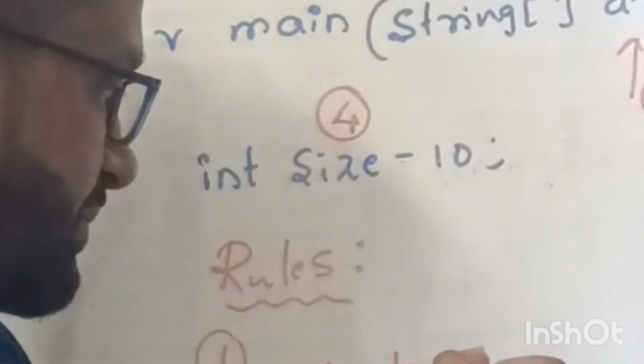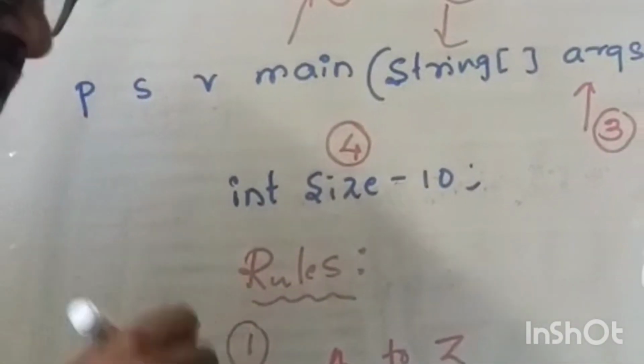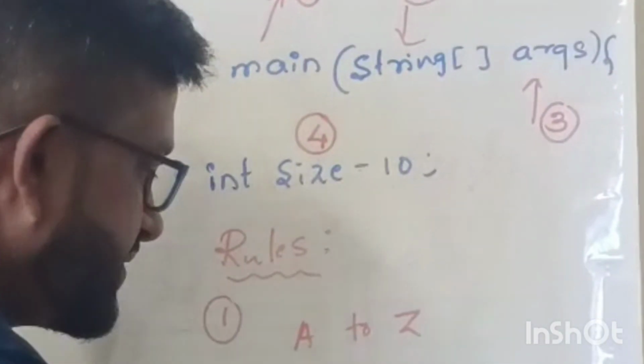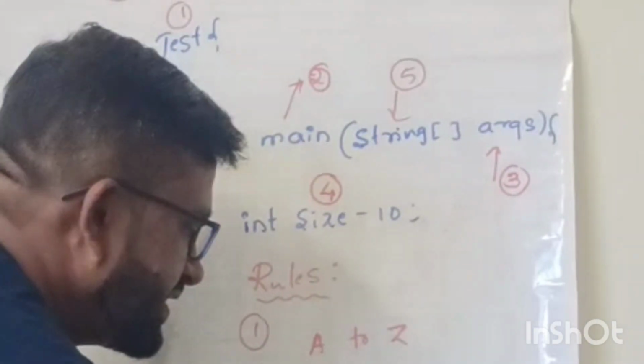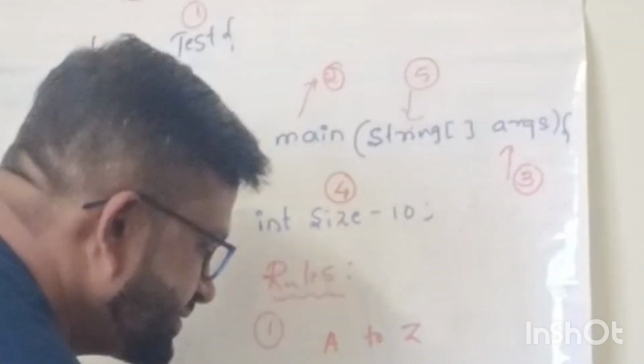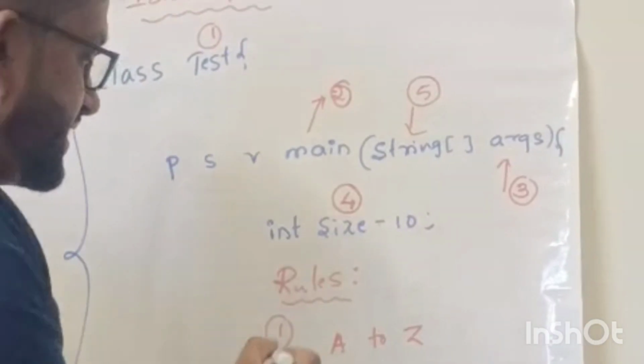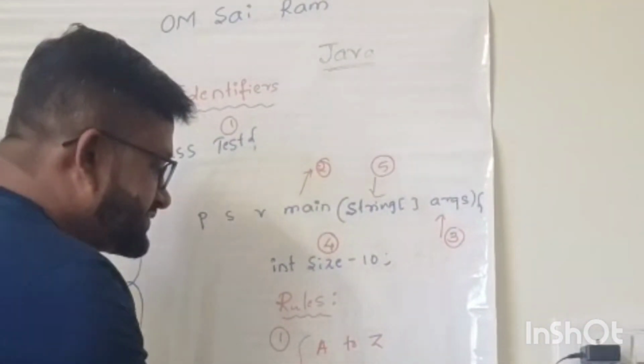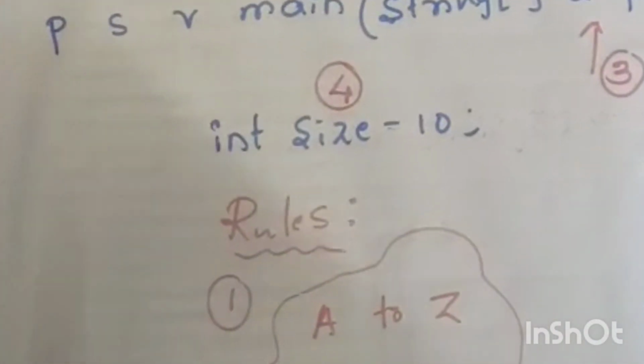What are those? Uppercase A to Z, lowercase a to z, 0 to 9 digits, dollar symbol and underscore. These are the allowed characters for creating identifiers.